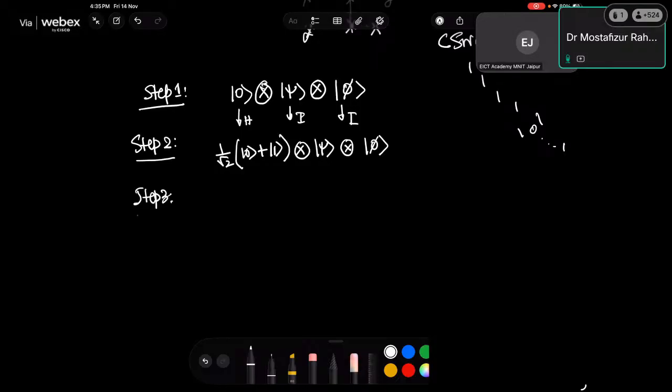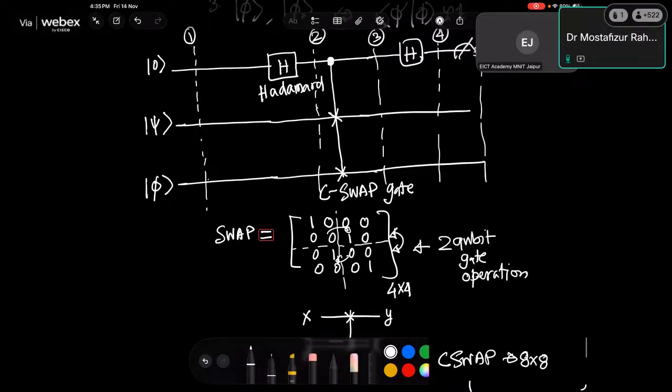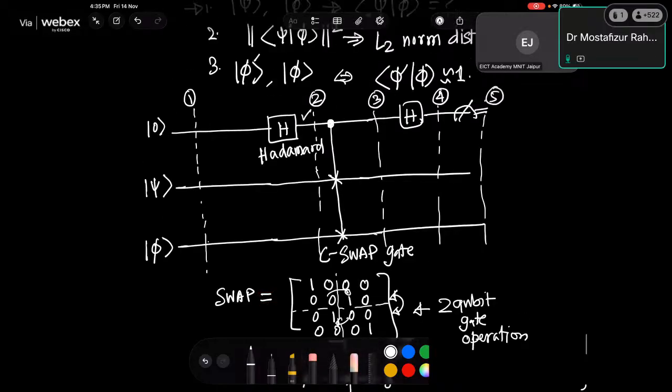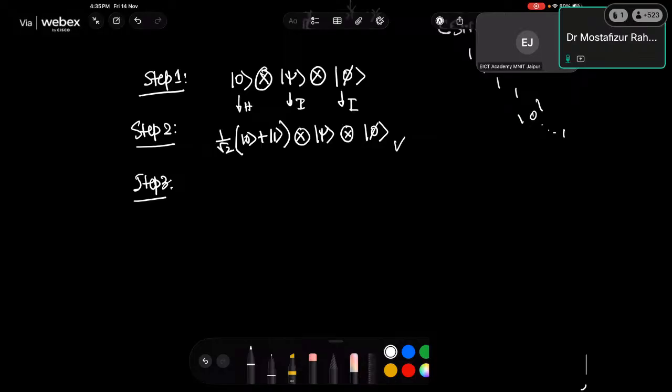Step 3. So this particular step is here, right? Here is step 2. Now step 3, I applied the C swap, the controlled swap gate, right? If it is a controlled swap, then what are the consequences? First, I am keeping this 1 by square root 2 normalization factor outside, right?